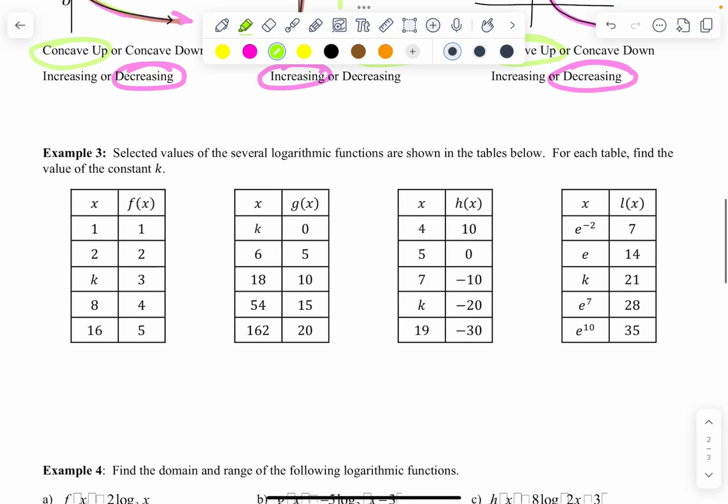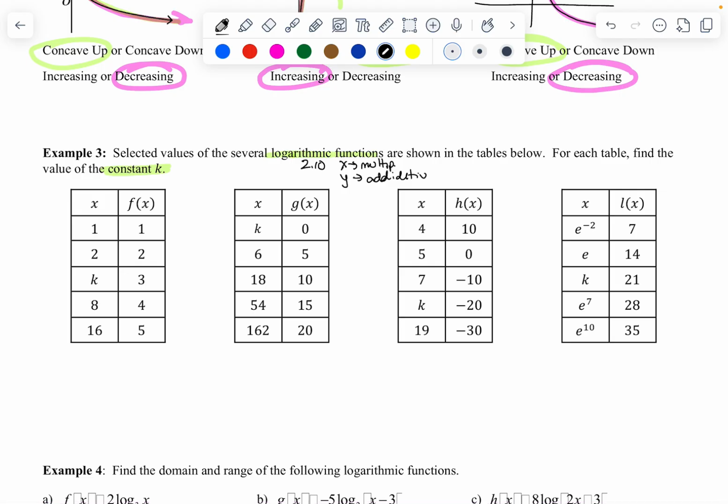All right, selected values of several log functions are shown in the table. For each table, find the value of the constant k. So they're telling you that this guy is a log function. If you remember from section 2.10, for log functions, which one is additive and which one is multiplicative? Hopefully you remember that the x is multiplicative and the y is additive.